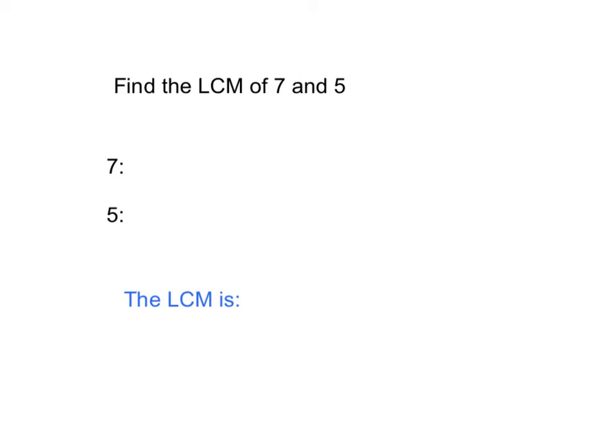First, find the least common multiple of 7 and 5. This isn't a practice problem, but you can always pause and see if you can do this on your own if you feel like you have a good understanding so far. First thing I'm going to do is list the multiples of both 7 and 5. They would look like this: 7, 14, 21, 28, 35, 42.